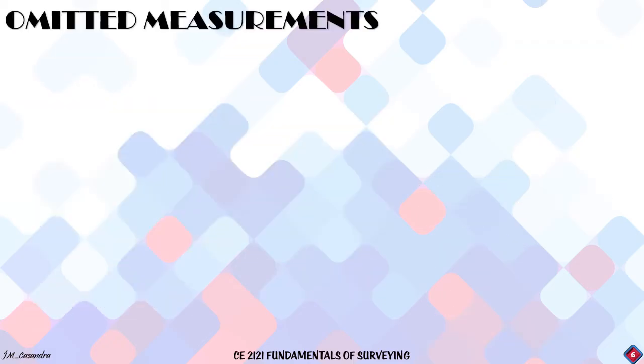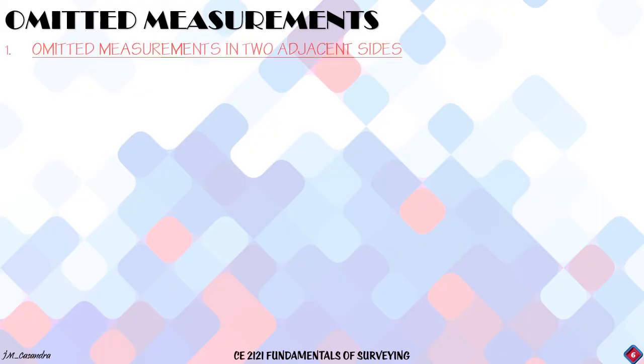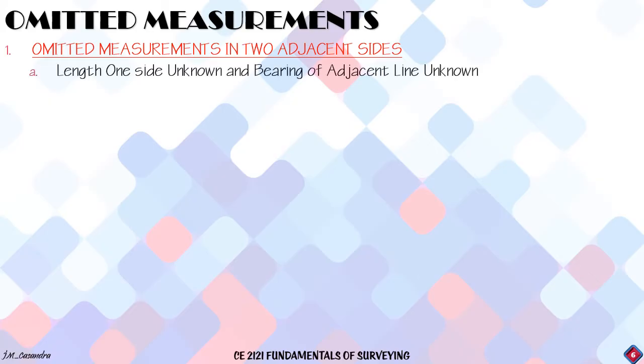So the next type of omitted measurements are omitted measurements for two adjacent or adjoining sides. As we have said, there are three cases for this type. Case 1: one side has an unknown length and the other side has an unknown bearing. Case 2 is when the lengths of the two sides are unknown.